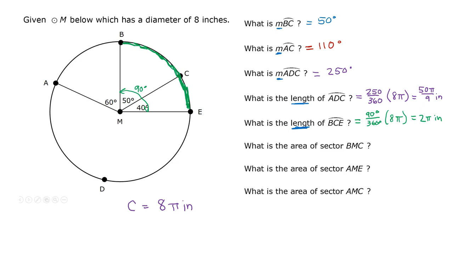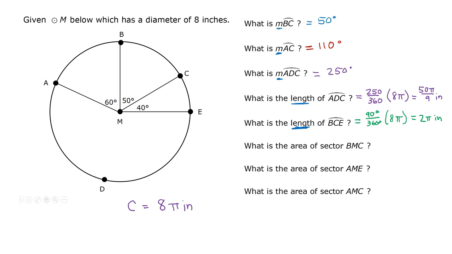Now, as far as areas of the sector go, it works in a very similar way to arc length. Anytime they mention a sector name, and again, I'm going to do some erasing here because I'm going to need to do some calculations here. When it says BMC, the middle one's always going to be the middle of the circle.